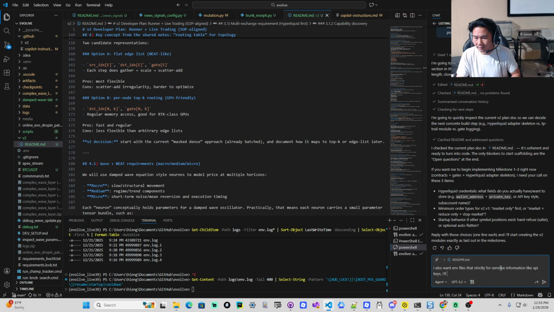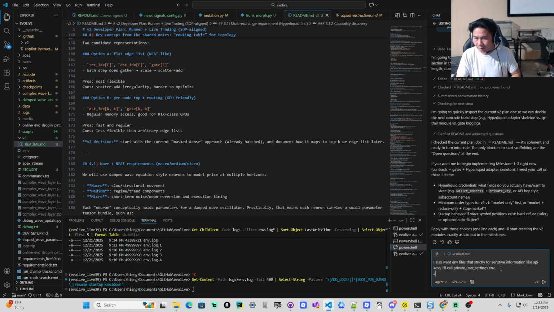I'll call it private user settings, something like that, .env, and then also initialize env files.